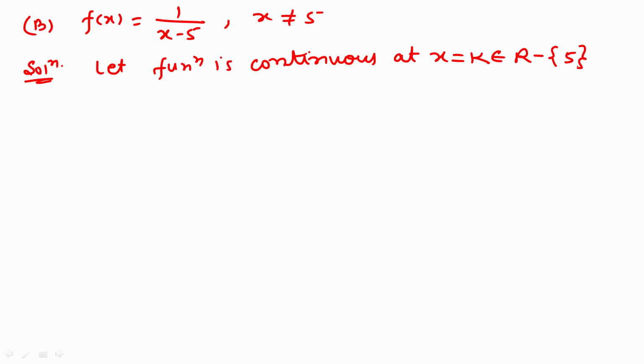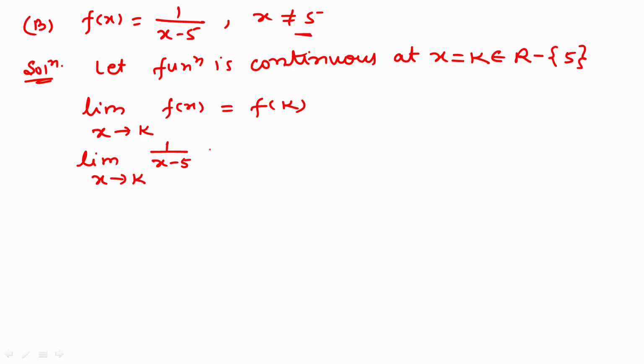The function is continuous for x is equal to k, and k belongs to what? The set of all real numbers excluding 5, because for x is equal to 5 this function is not defined. So limit x tending to k f(x) is equal to f(k). Limit x to k, and the function is 1 by x minus 5, is equal to again 1 by x minus 5, and put the value of x is equal to k, so 1 by k minus 5.